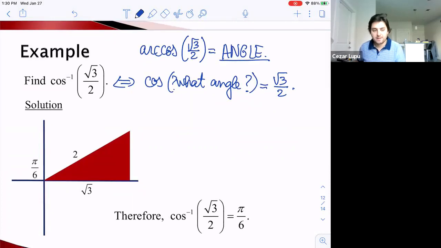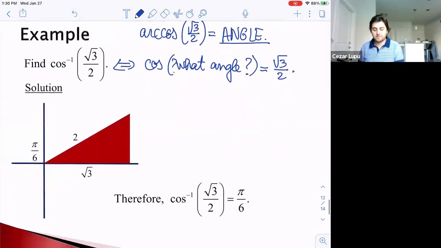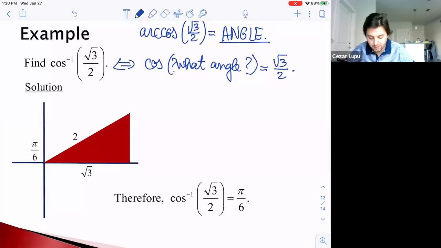That's for sine. But the way we're going to do it, look at the picture. This will correspond to a right angle triangle. You can set up a right angle triangle.